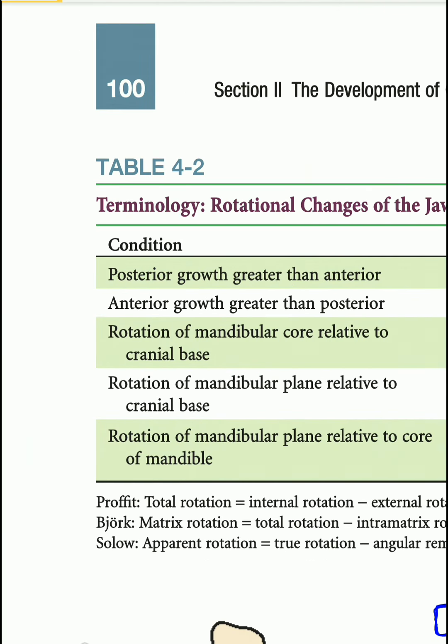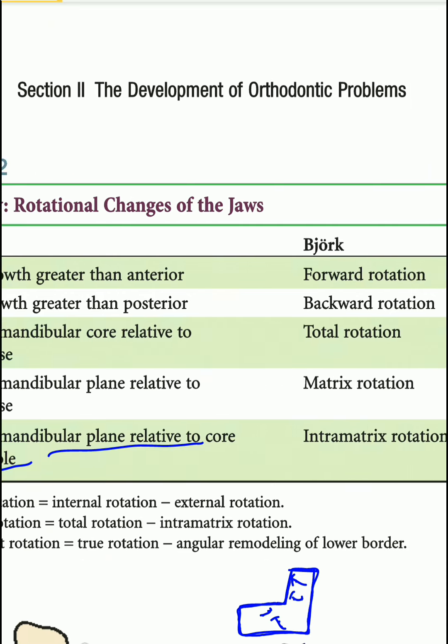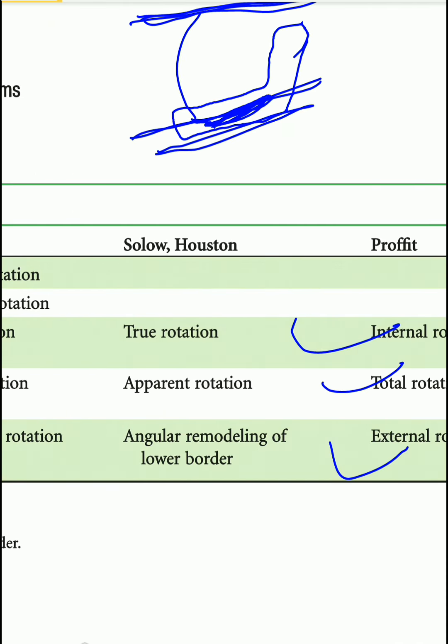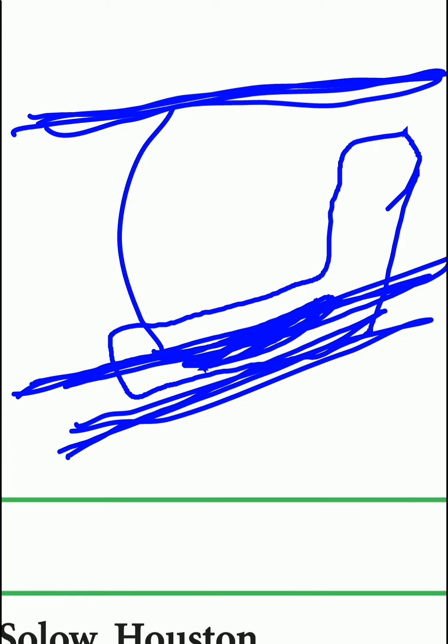For the external rotation, he called it the rotation of the mandibular plane relative to the core of the mandible. So when you are measuring rotation between the mandibular core and the mandibular plane, it is your external rotation.